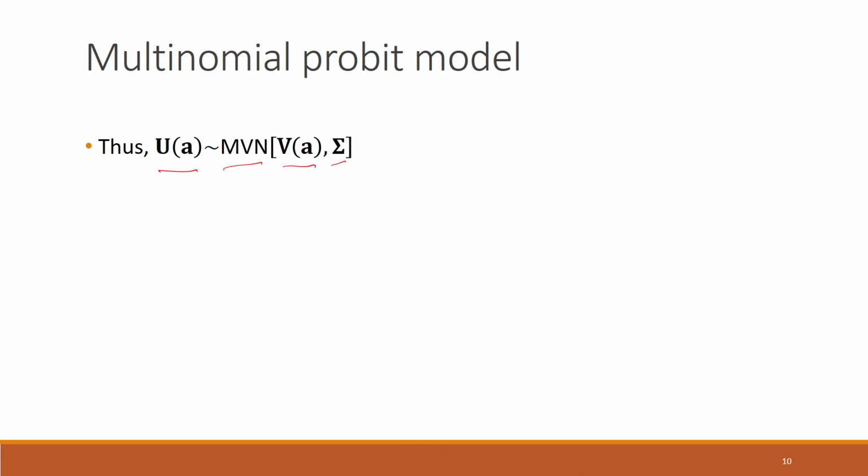So, again to summarize, since the systematic or deterministic component does not have any variance, when we are trying to determine the expected value of this utility function, we also know that the expected value of the error term is 0.